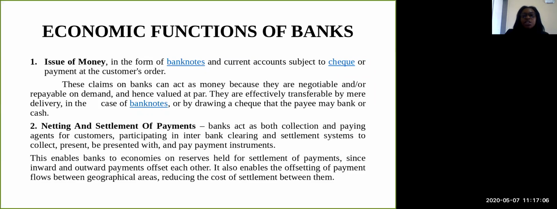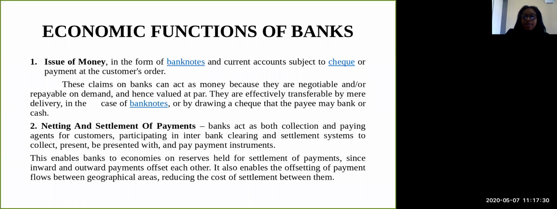The second function that the bank does is netting and settlement of payments. Banks act as both collection and paying agents for customers, participating in interbank clearing and settlement systems to collect, present, be presented with, and pay payment instruments.